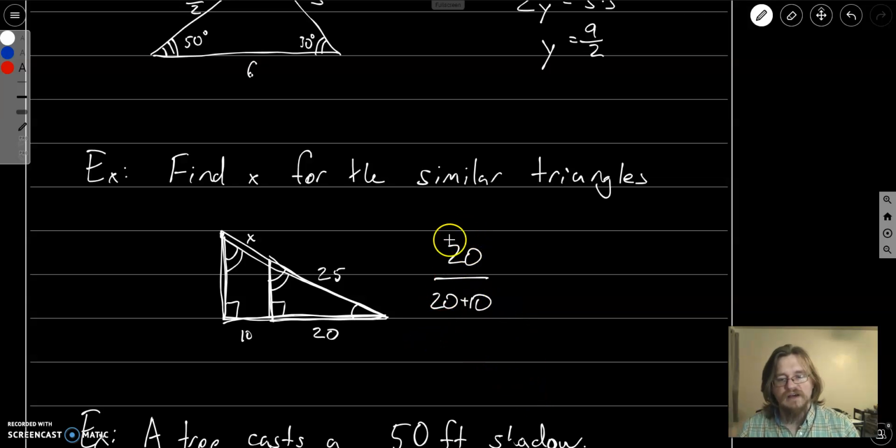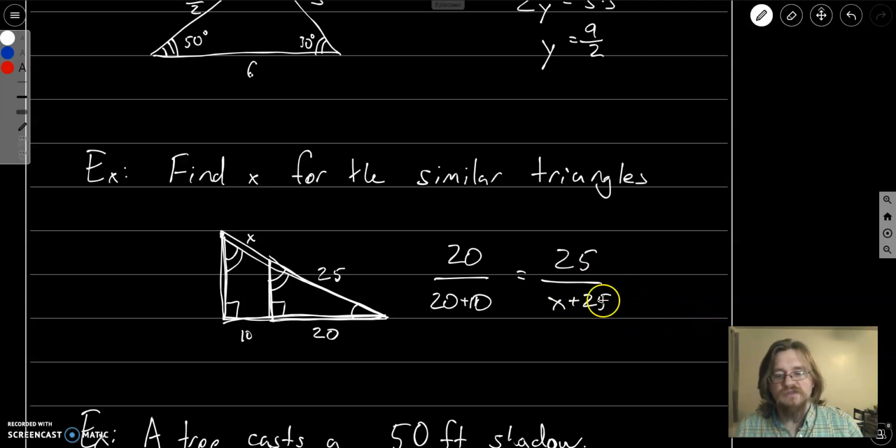So again, on the small triangle, this side down here is going to be 20 long, and for the big triangle is going to be 30 long, 10 plus 20. Then for the side opposite of the right angle, the small triangle is going to be 25, and the long side is going to be x plus 25.